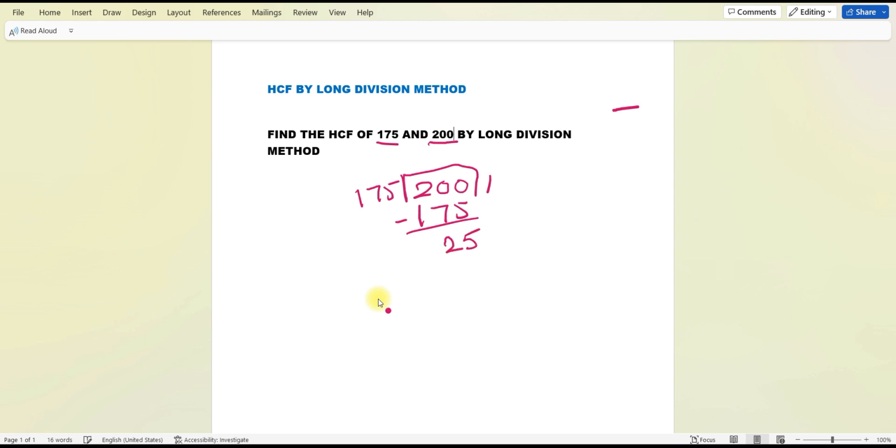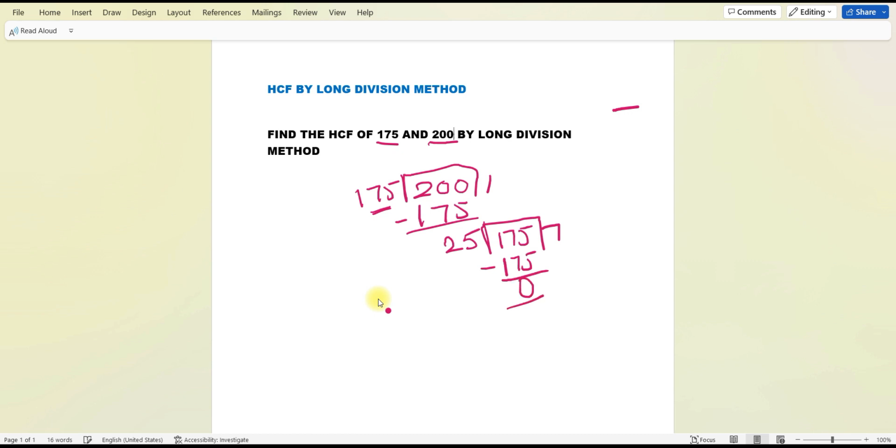So this becomes a new divisor, and I take the previous divisor as dividend, that is 175. So how many times of 25 would be 175? It is 7 times. 25 7 times would be 175. So once I subtract this, I get remainder 0.